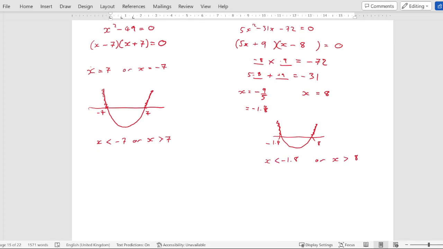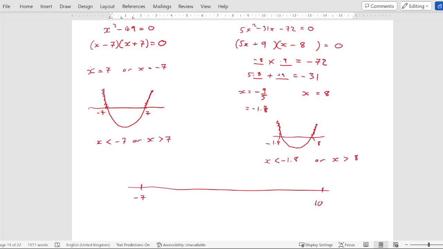Now if I drew a number line, for my explanation I want to go from minus 7 all the way up to, let's say, 10. And then I'm going to put both sets of inequalities on.